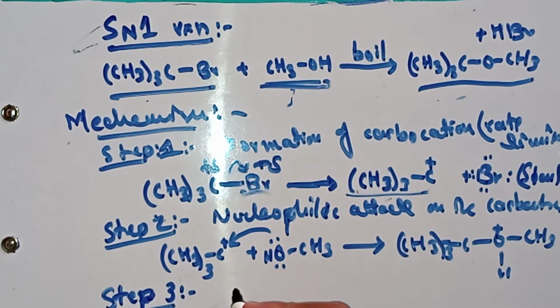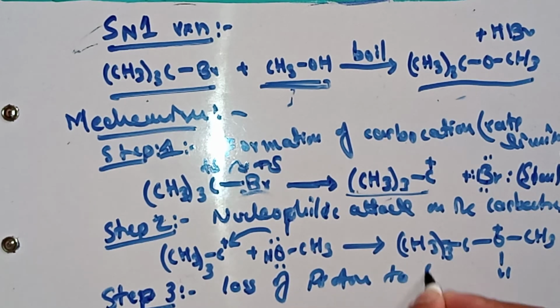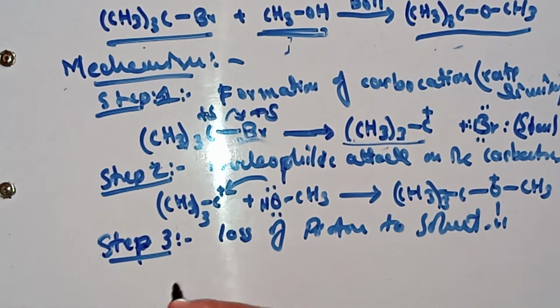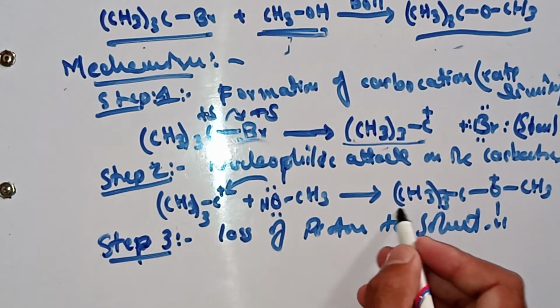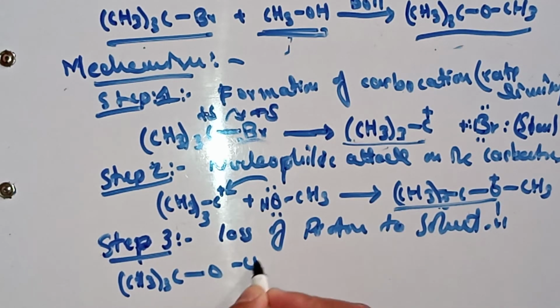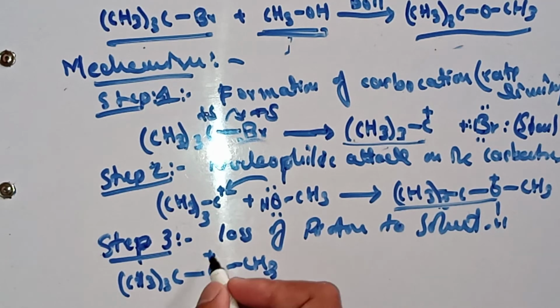In the third step, there is loss of proton to solvent. The loss of proton will be like that. This structure will be used: (CH3)3C-O(H)-CH3 with a plus charge.